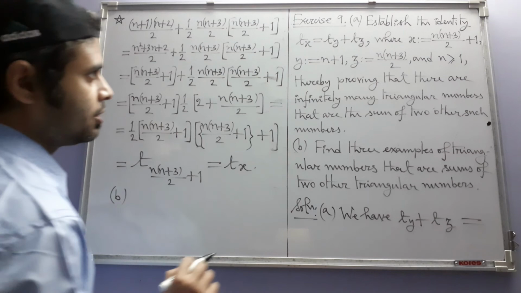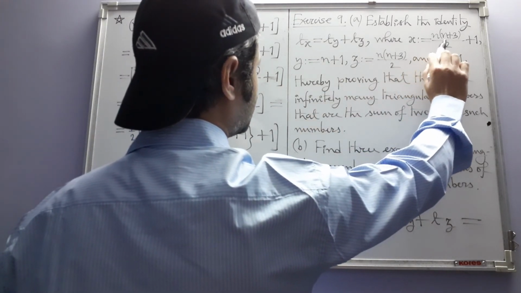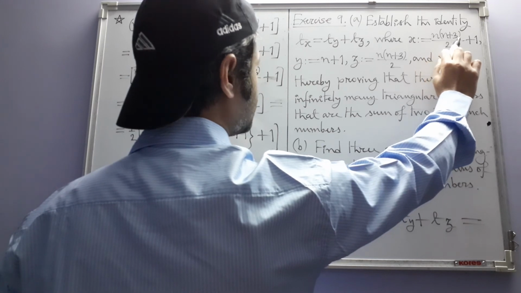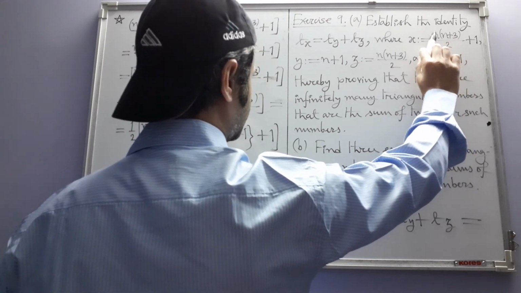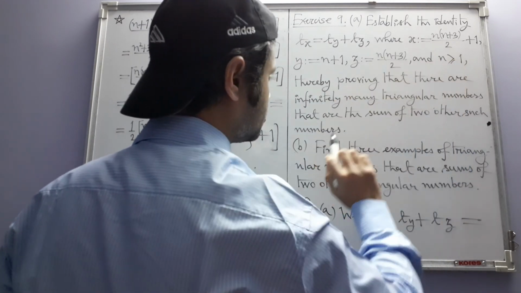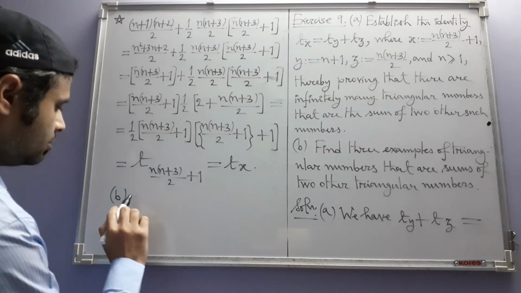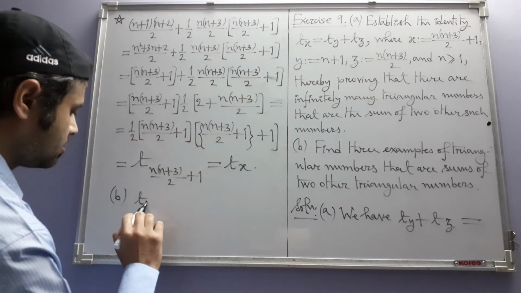If we put n equal to 1 here, what do we get? 1 plus 3 is 4, and of course this one vanishes. 4 divided by 2 is 2, 2 plus 1 is 3, so that means when n is 1 then x is 3.